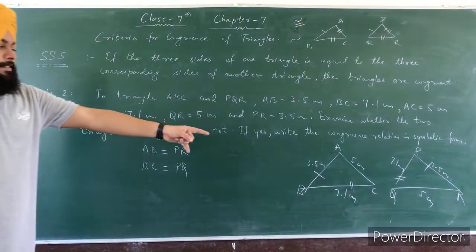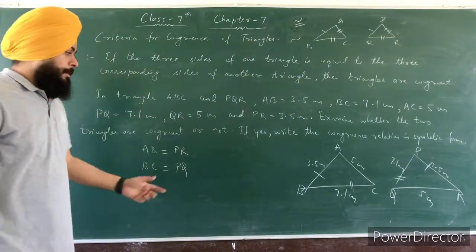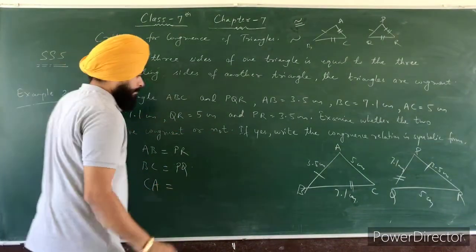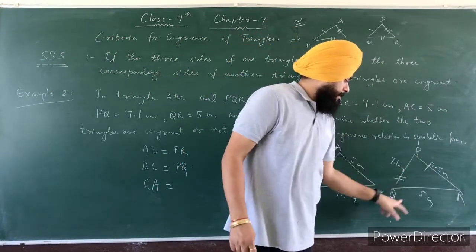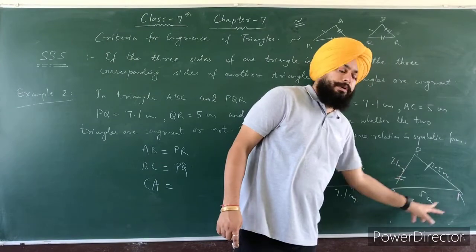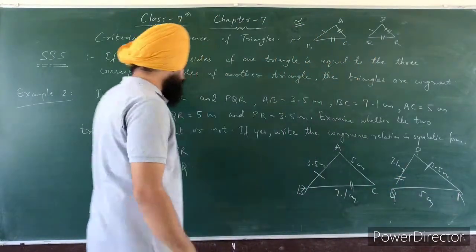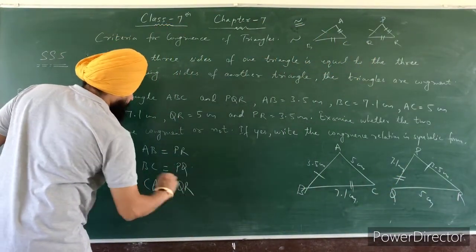Now the third side CA, or you can write AC, is 5 cm. It is equal to which one? This one, QR, because the length of QR is also 5 cm. So CA is equal to QR.